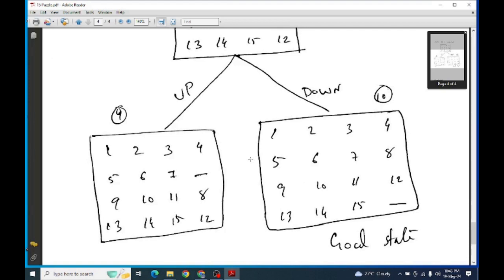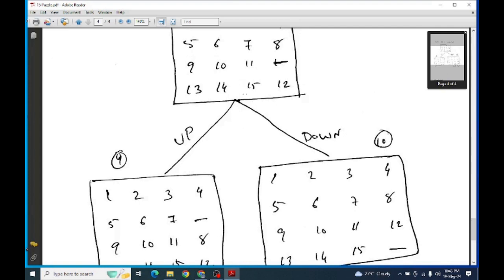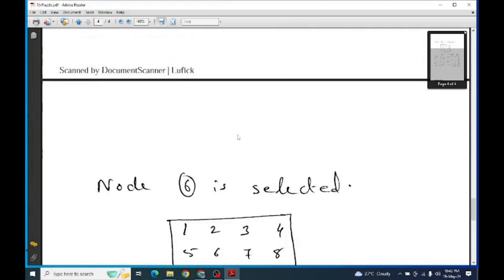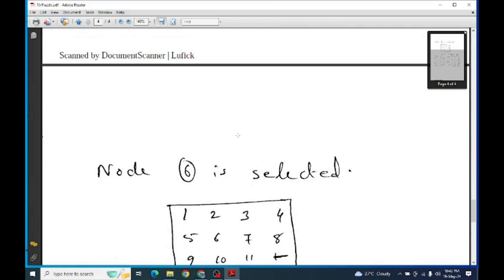So LC means least cost, and that method is used to pick the node for further expansion. And what is the difference between backtracking and this one? In backtracking we use a bounding function, and we will go back, then consider the next or remaining branches of that tree.